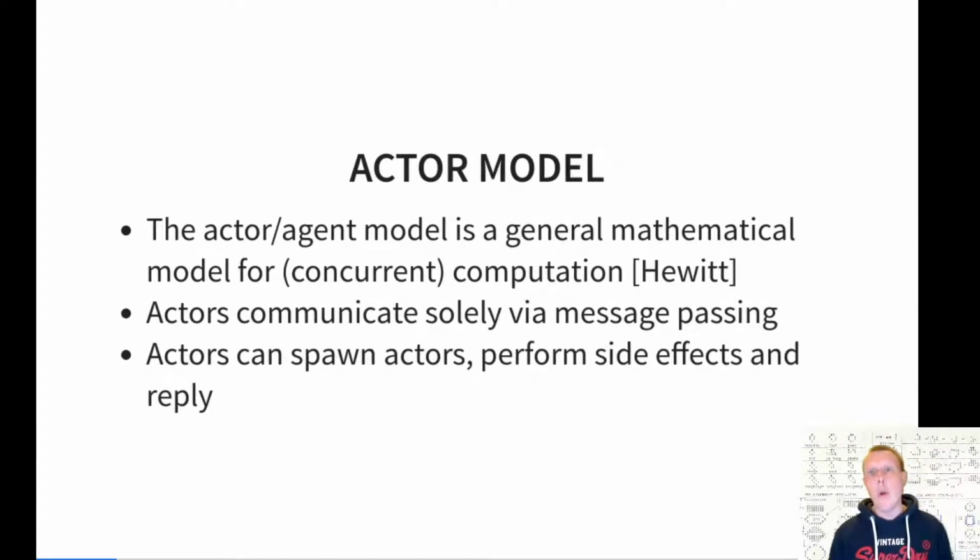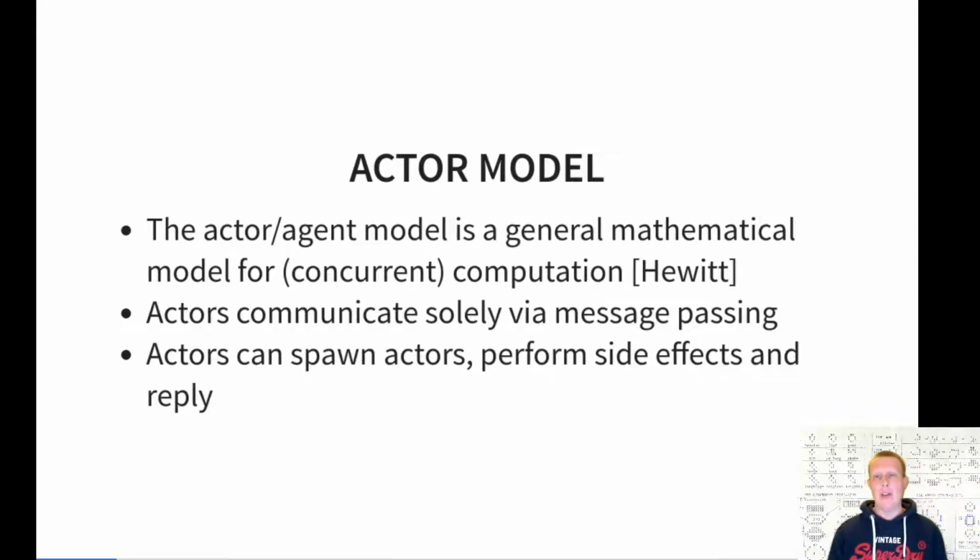There's a whole lot of mathematical theory behind the actor model. So if you're so inclined, there's a deep and rich literature about this. But the idea is very simple, and that's what we're going to exploit. It's basically this. An actor is an entity which can communicate with its world only through message passing, by sending messages to others and receiving messages from other actors.